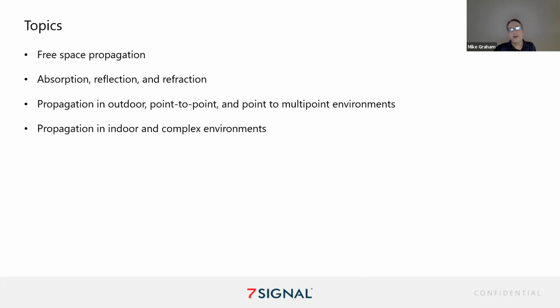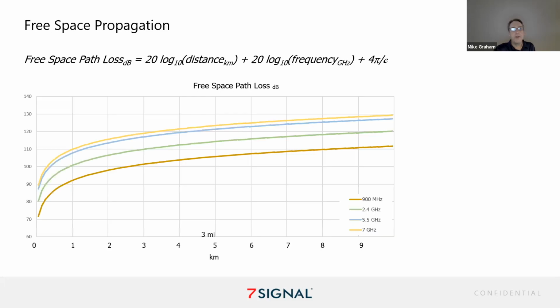As I said, this time we're going to talk about a few differences in propagation between the various bands. And I'm going to start with free space, mountaintop to mountaintop, asteroid to asteroid, that kind of thing.